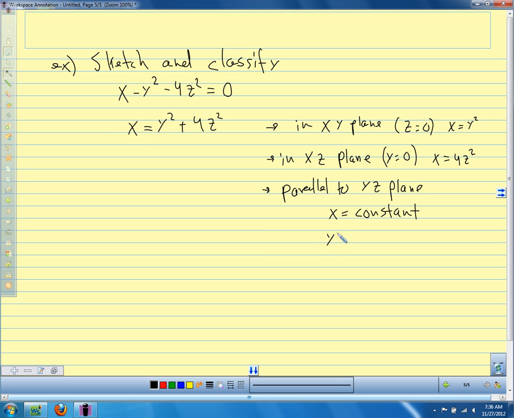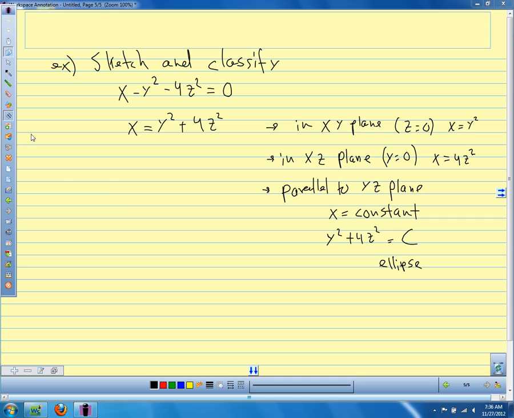We have y squared plus 4z squared equals some constant. Almost. We have a 4 in front of the z and a 1 in front of the y. So that's going to be an ellipse. So for x equals some constant, we have an ellipse. So parallel to the yz plane, we have ellipses.